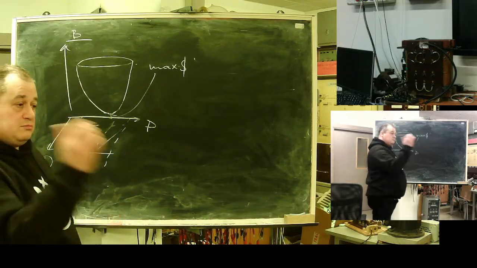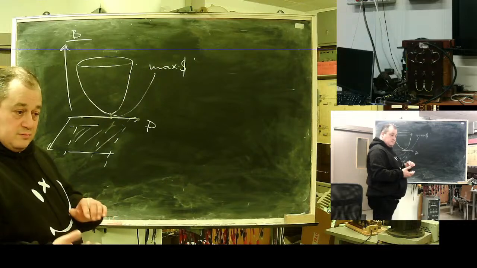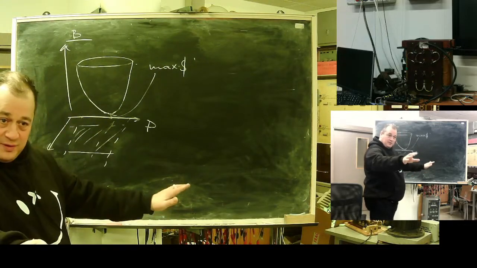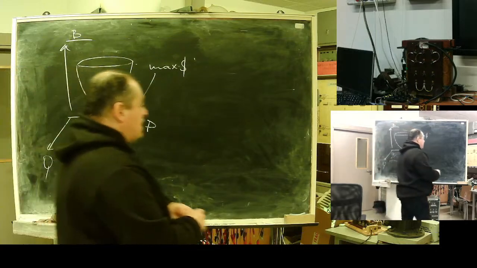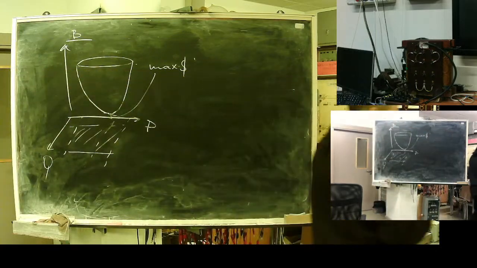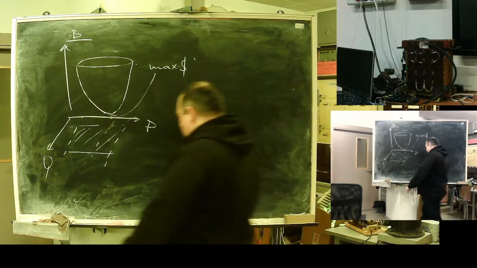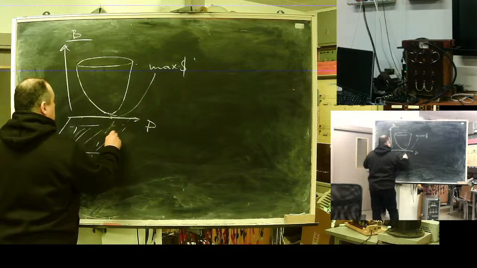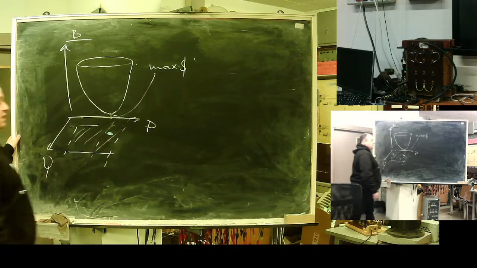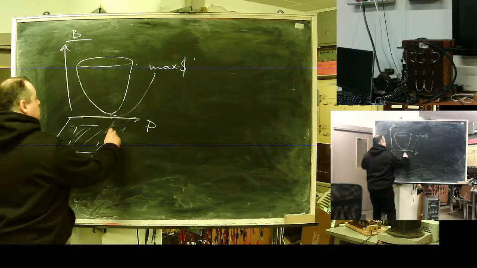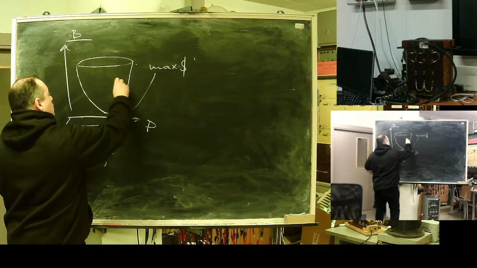What can I do? Hop and draw. I can generate a random number. I can select one random point here in the area of possible solutions. Let's say this is point 1.